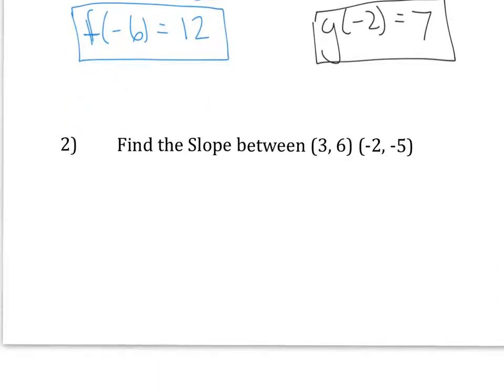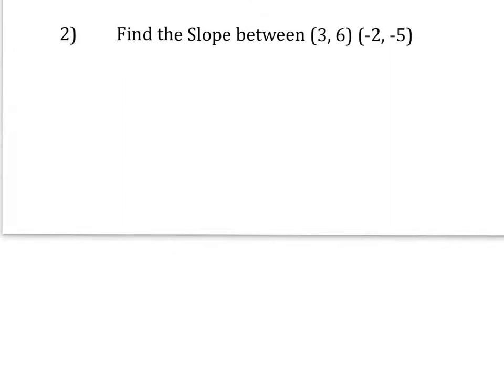Now dealing with slope. When dealing with slope, it's important to know the formula. The formula for slope is y minus y over x minus x. So simply, all you do is subtract your y's and put them over the subtraction of your x's.